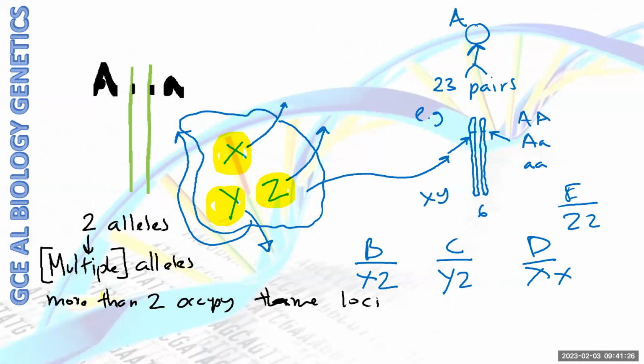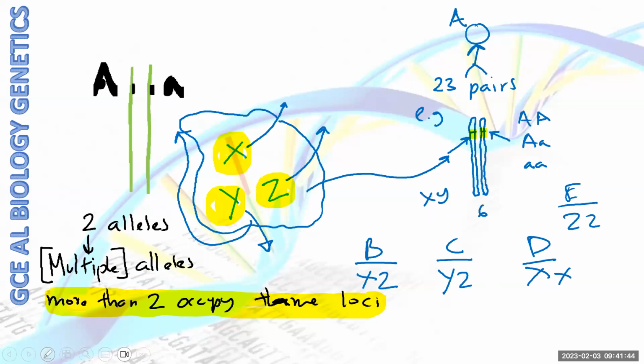That's very important for the definition, same loci. The locus is this position. There's no other place, only two seats allocated. They can't go and sit in other places.